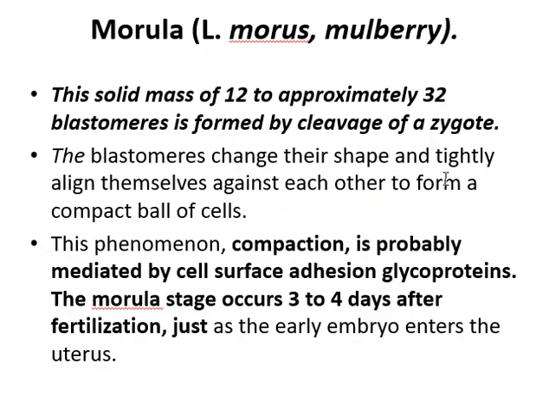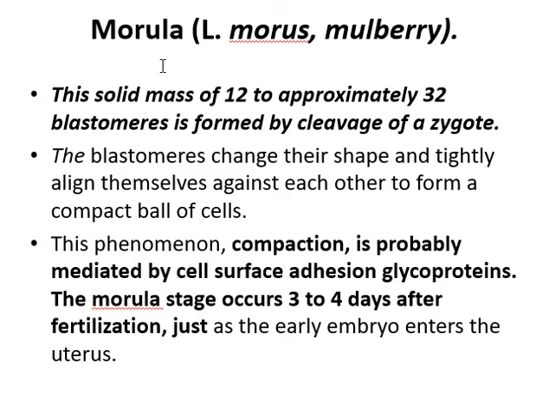So when they become a solid mass of 12 to approximately 32 blastomeres within that structure, it is called morula. When there is the division of the zygote and the blastomeres are about 12 to approximately 32 in number, then the structure formed is called morula.